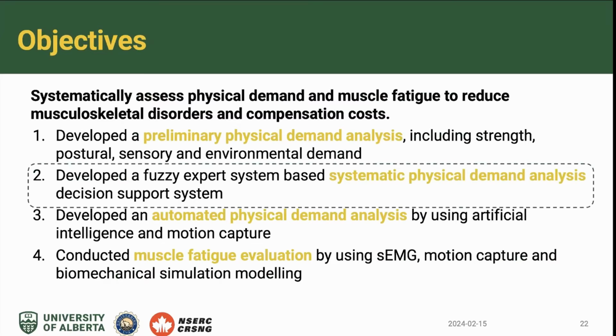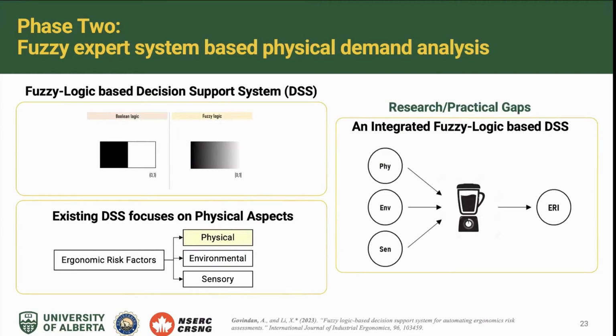Second one would be a systematic physical demand analysis to support decision making. So we mentioned that there are all different factors that can be included in the physical demand analysis form, and we analyze them separately. And there is lots of current research that focuses more on the physical side rather than all the factors included in the physical demand analysis form.